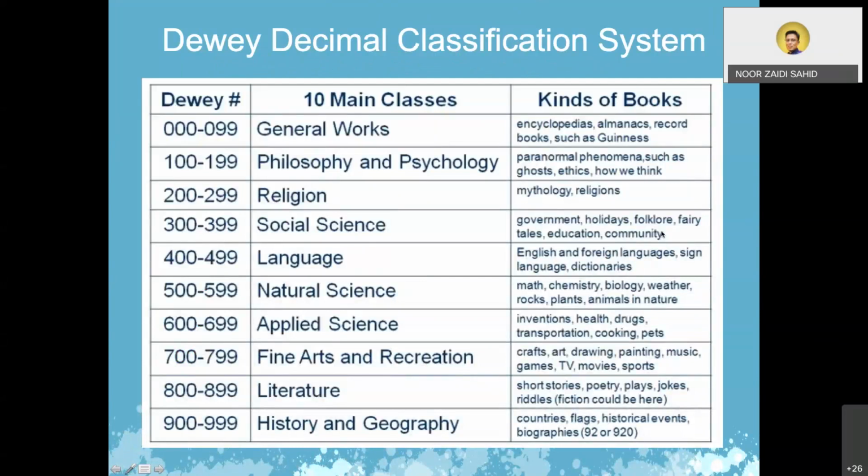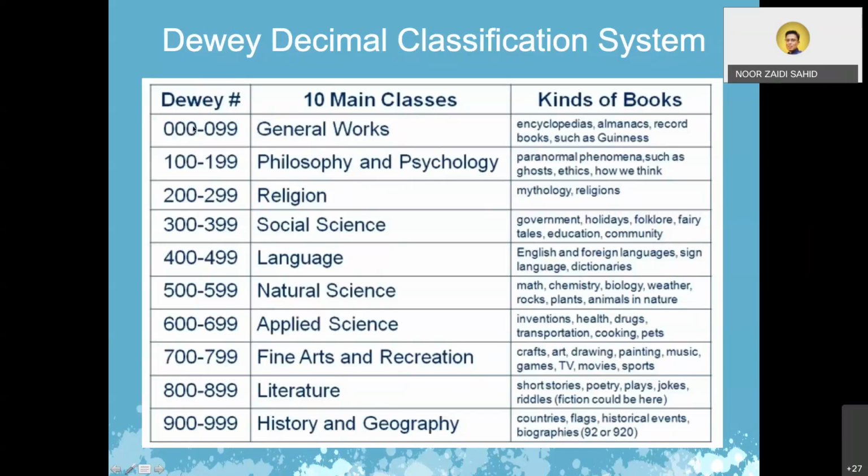This is the DDC number. DDC is the Dewey Decimal Classification System. Okay, have you seen these numbers before? It means library materials are arranged according to the Dewey number. It follows fields of study. This is the Dewey number, the range of numbers which represent 10 main classes or 10 main fields.